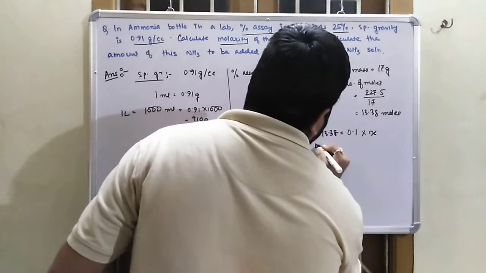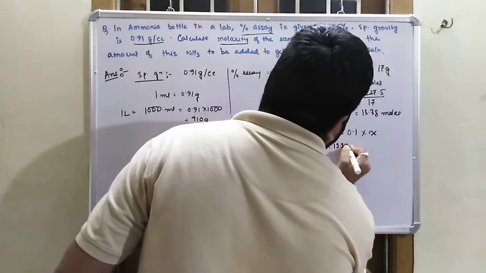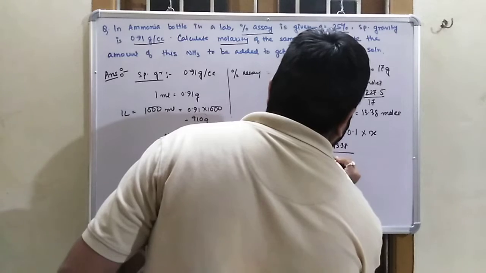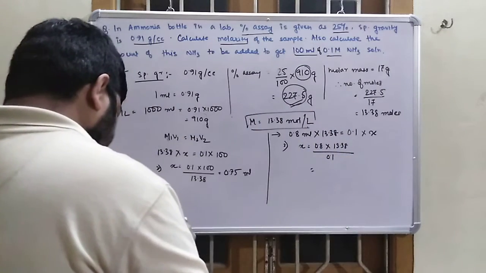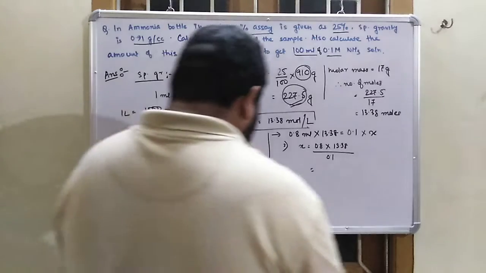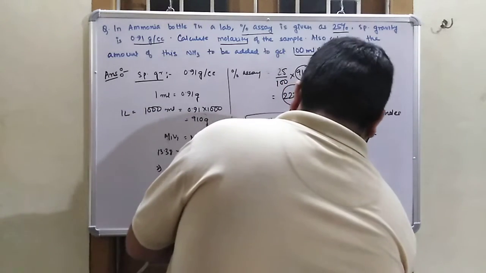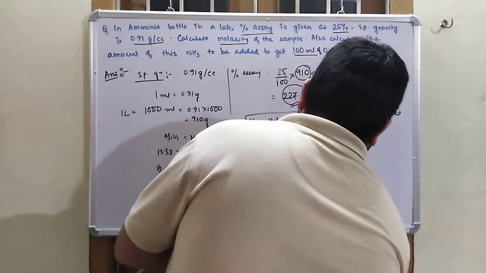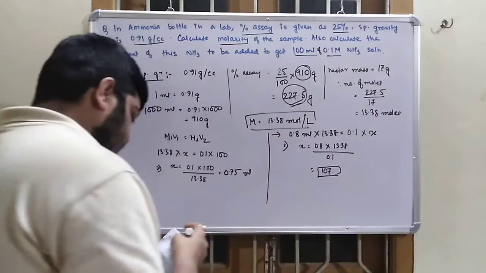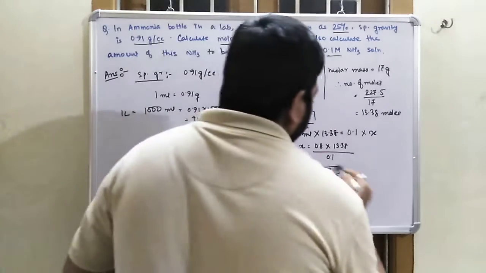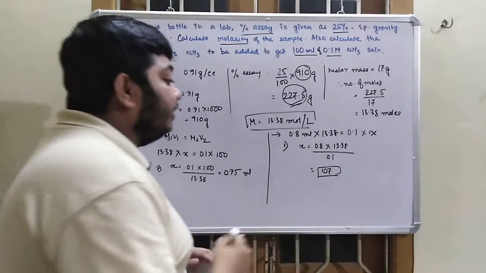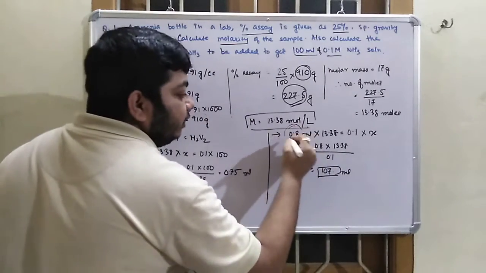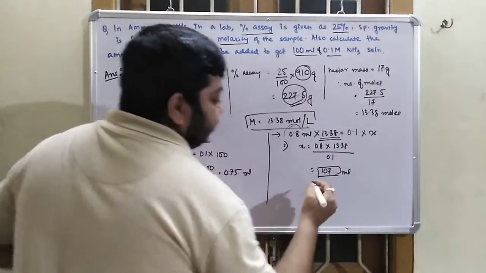Now you see, it comes out to be 107 ml, so the resulting solution will be 107 ml, and what we have done, we have taken 0.8 ml of this.